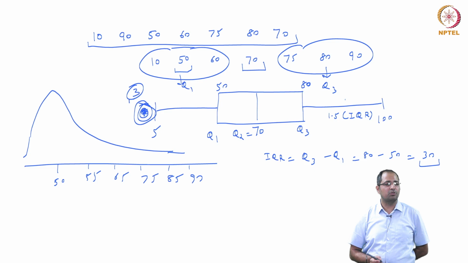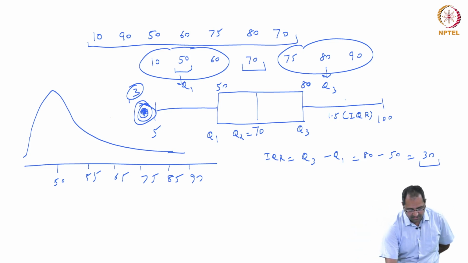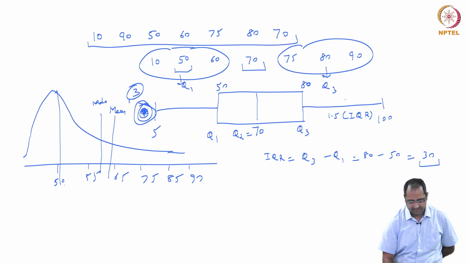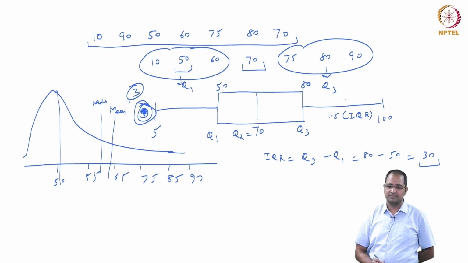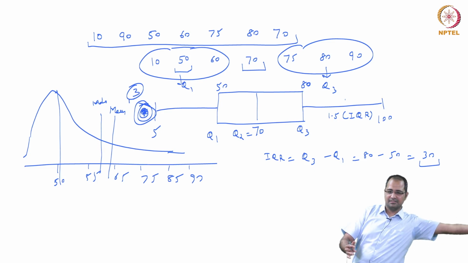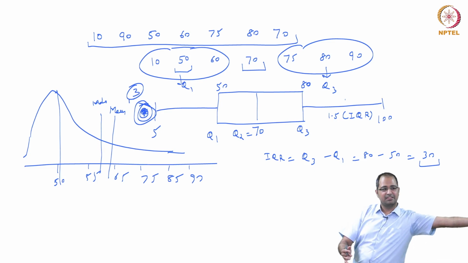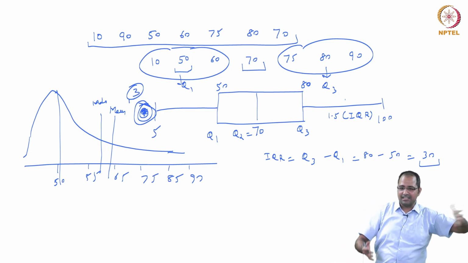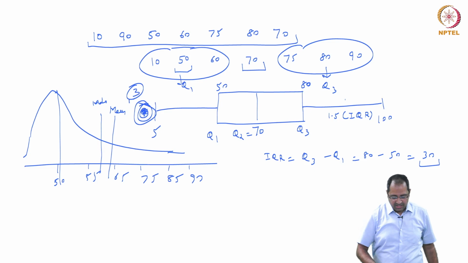In positively skewed, the mean will be in the front, median in the center always, and mode is here. Whereas in negatively skewed, again the mean will be right in front, then median and then mode.